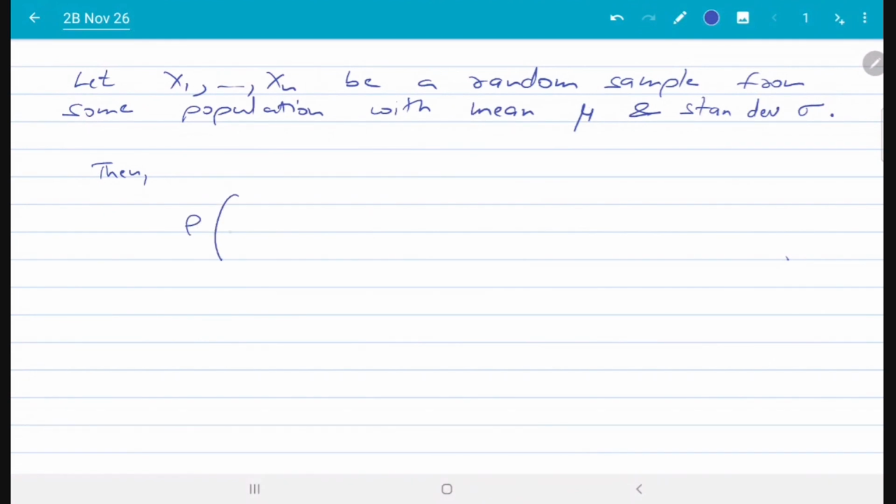And then we have z equal to x bar minus mu.